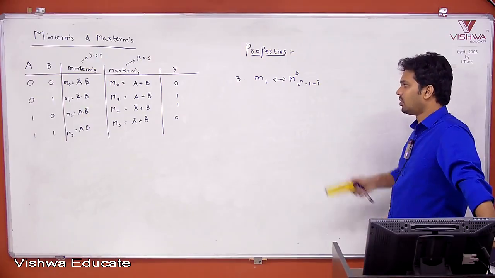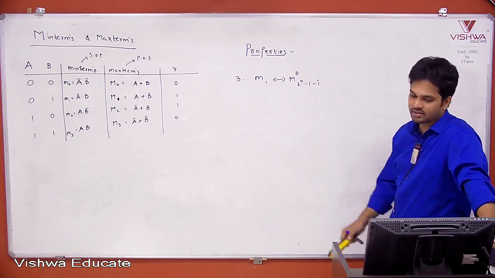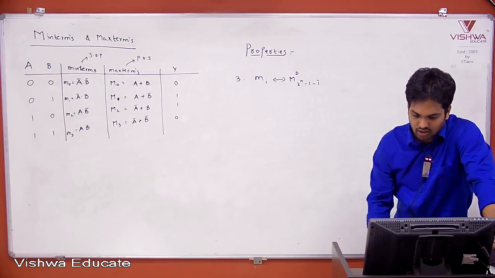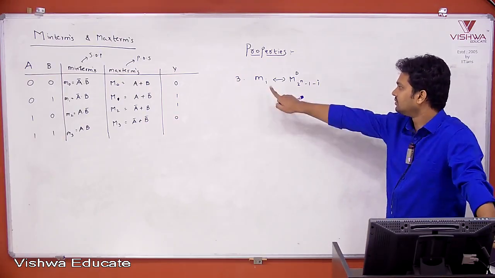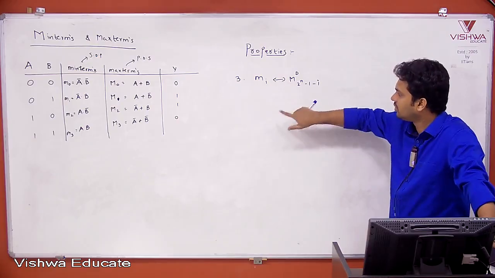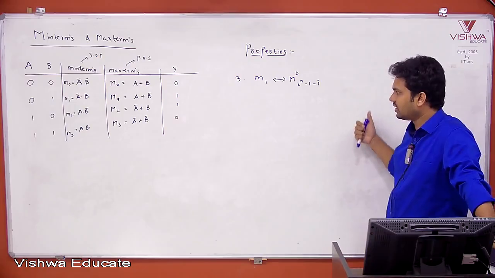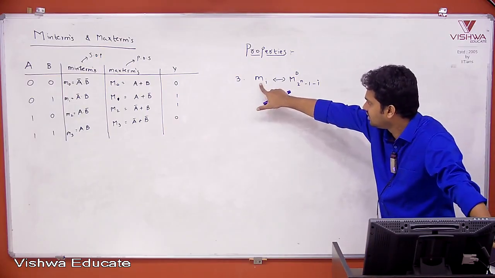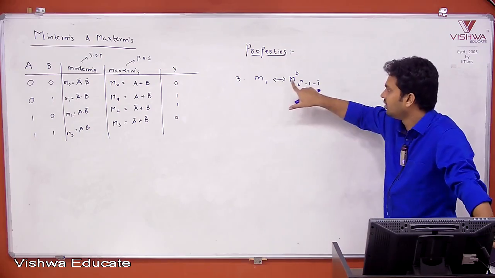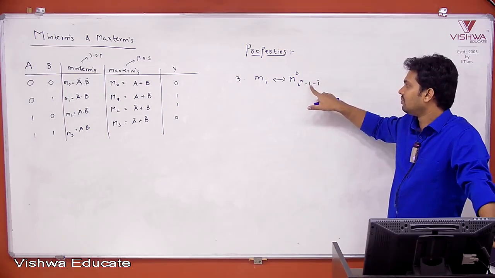Okay, this point you remember; you can use this logic for finding a self-dual expression. Suppose in any function the minterm i and minterm 2 power n minus 1 minus i are the same, I will show you later, then it will be self-dual. First understand this condition properly: minterm i is always dual to maxterm 2 power n minus 1 minus i.